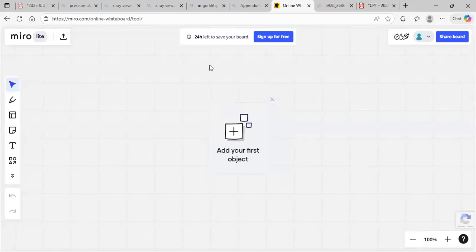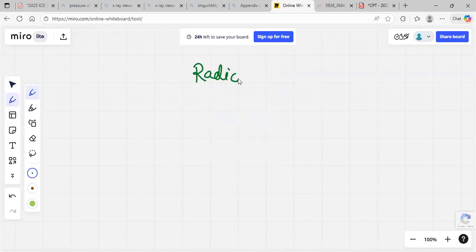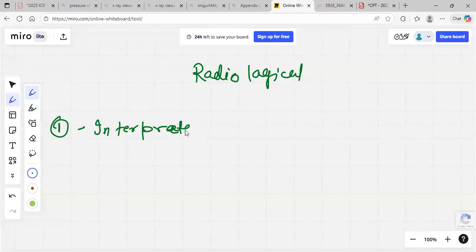Okay. So whenever there is a radiological procedure, we have two types of scenarios, and we have to represent these scenarios with the help of modifiers. If our provider just interpreted the X-rays and did not do the X-ray itself, in that case we are going to use the modifier 26 with our X-ray or any radiological CPT.